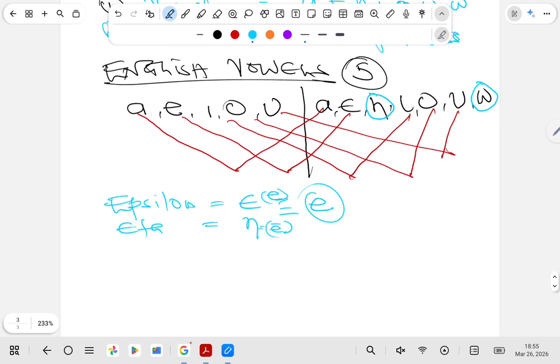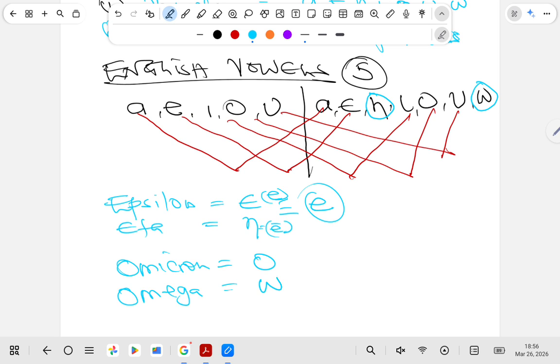And then secondly, remember we said omicron is equivalent to the English O, and omega, which is written like that, is also equivalent. Omicron is equivalent to the English O. Omega is equivalent to the English O, but written with a bar on top.